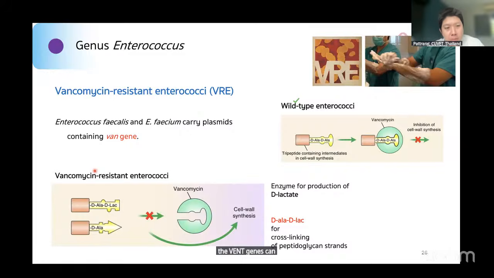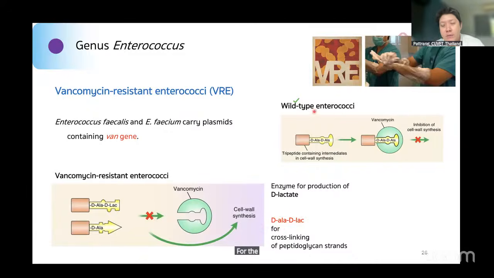The Van genes help the bacteria to produce the alanine lactate, which is used instead of the alanine dimer.